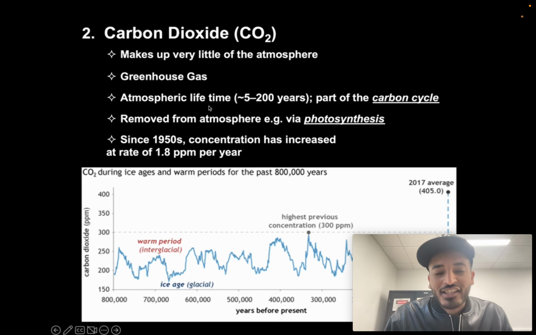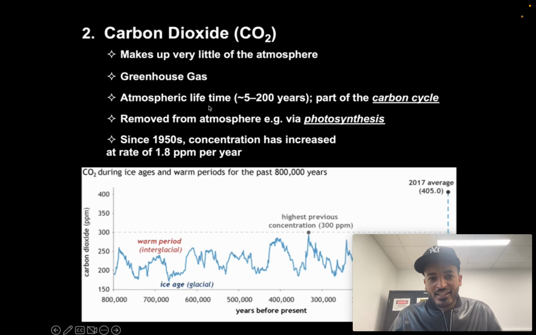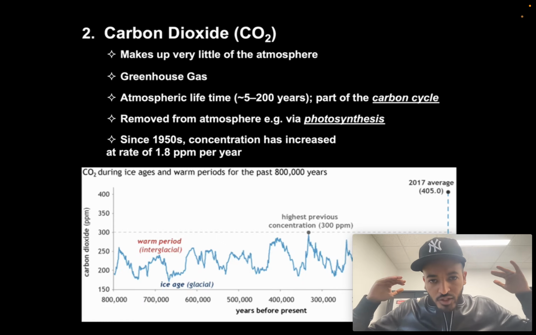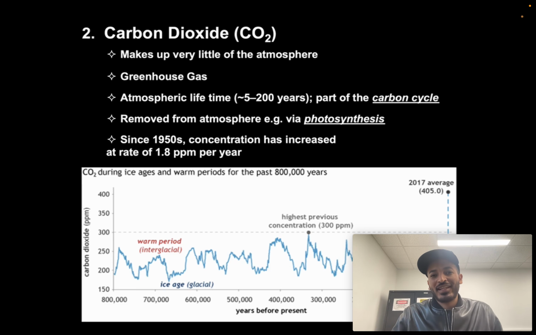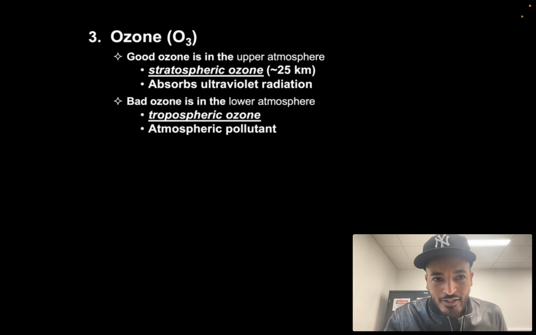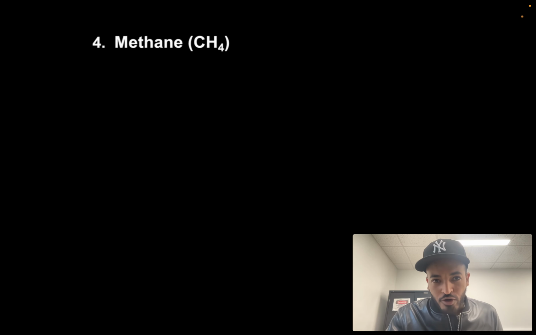It's because it's very difficult to remove, and its atmospheric residence time is long, so its impact is much more pronounced compared to other greenhouse gases like ozone or methane.